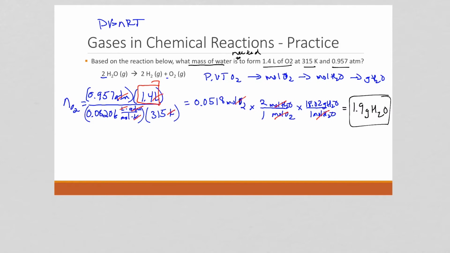And so that's another example of the type of stoichiometry problem that we can do, working with gas properties and the ideal gas law to convert it into moles.